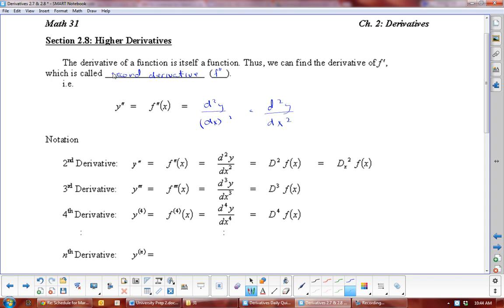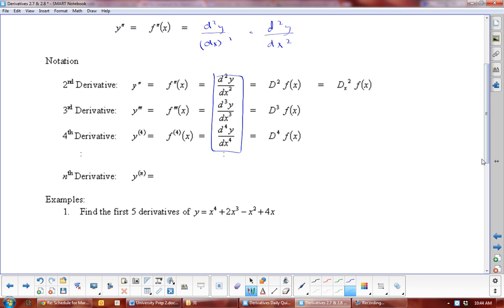So the third derivative would be d cubed y over, as you can see here, dx cubed. Therefore, if you're doing y to the n, that would be d n y over dx to the n.